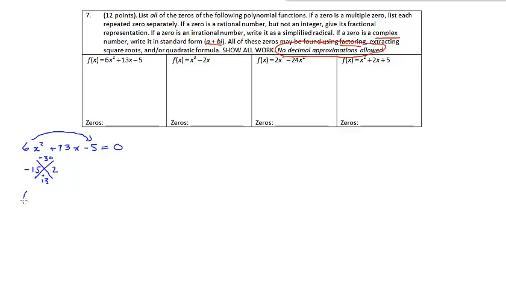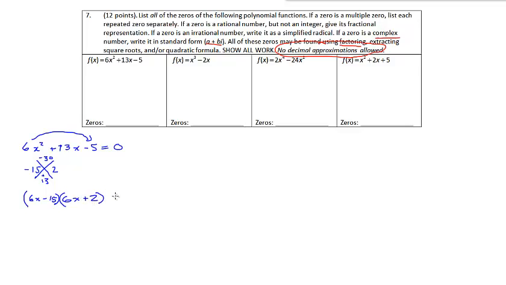So our first step, when this leading coefficient is not 1, is just bring 6x down, minus 15, 6x plus 2.